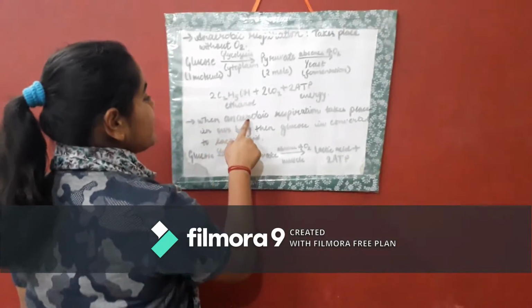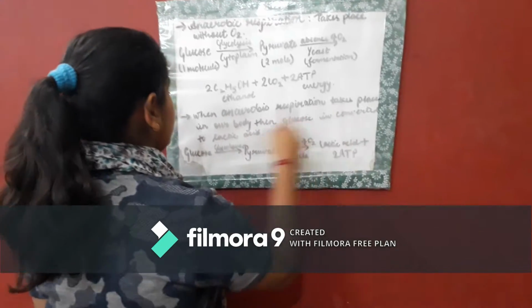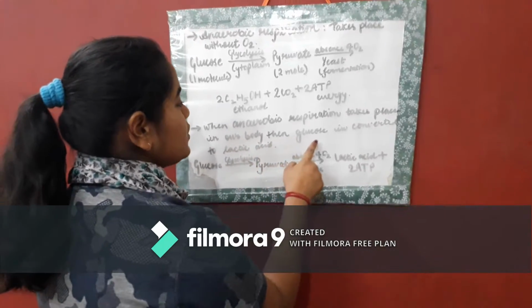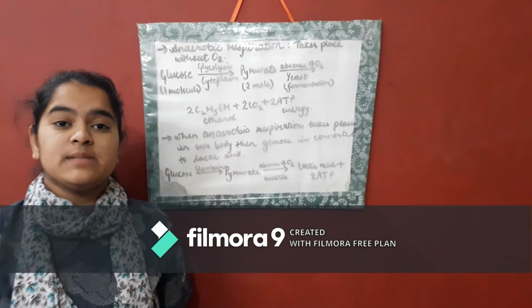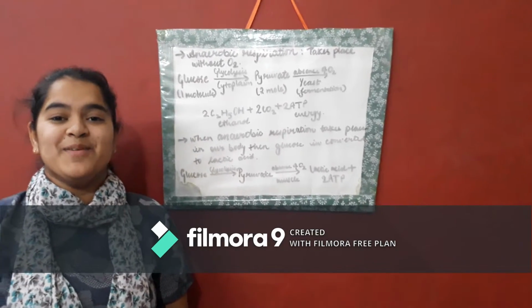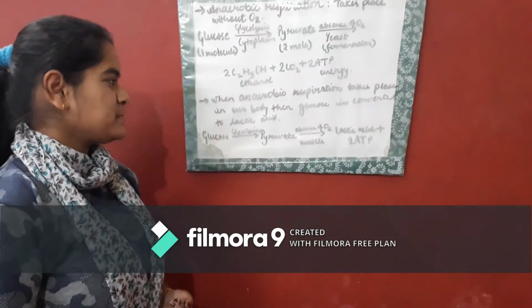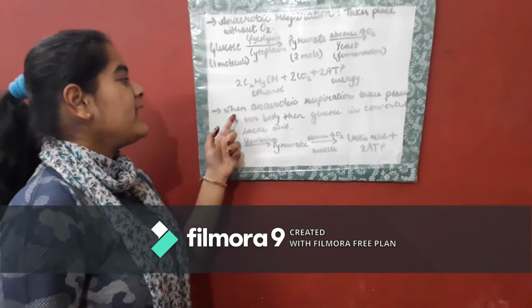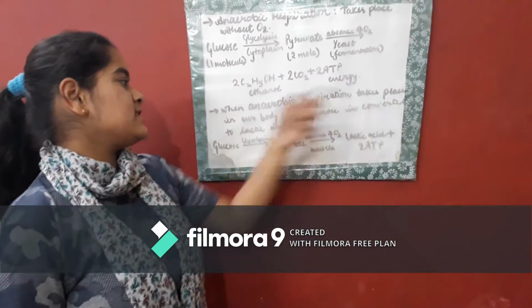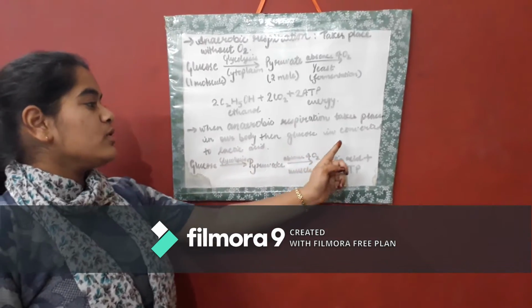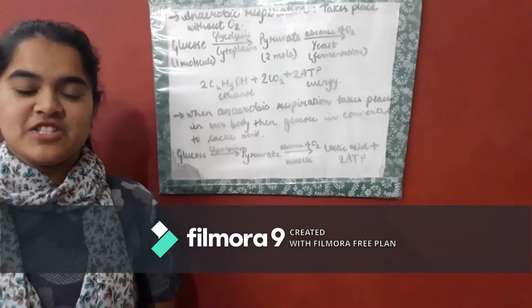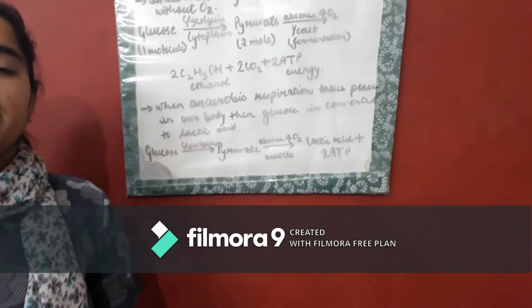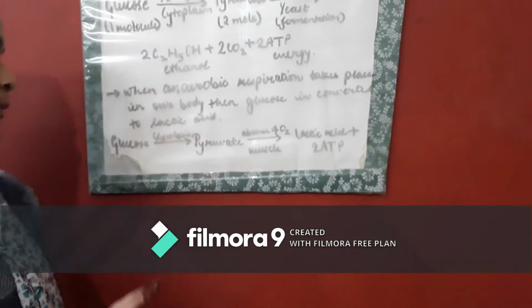When anaerobic respiration takes place in our body, then glucose is converted into lactic acid, and lactic acid is produced in our body.